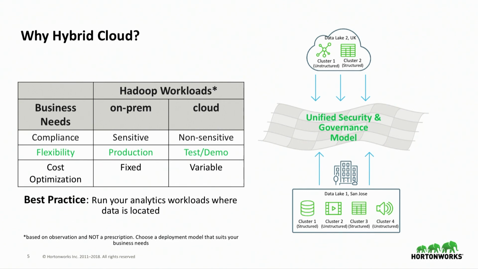Pick whatever works for your business case. But from what we know, the best practice here is to run your analytics workloads wherever your data is residing. But at the end of the day, what you need to be mindful of is you need a unified security and governance model across your data lakes. And that's very critical here.